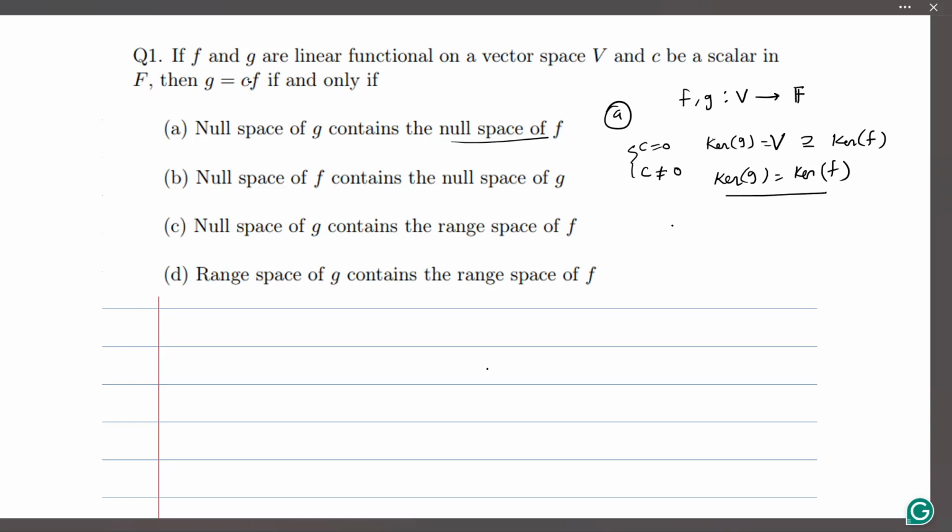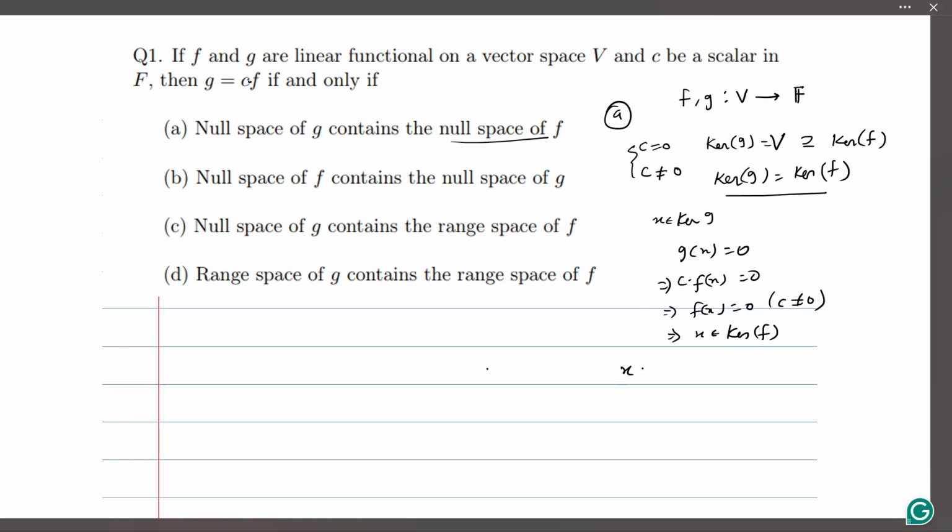Take something in kernel g, x belonging to kernel g, then g of x is equal to 0. But this implies c times f(x) is equal to 0. If c is non-zero, this will imply f(x) is equal to 0. This implies x belongs to kernel f.